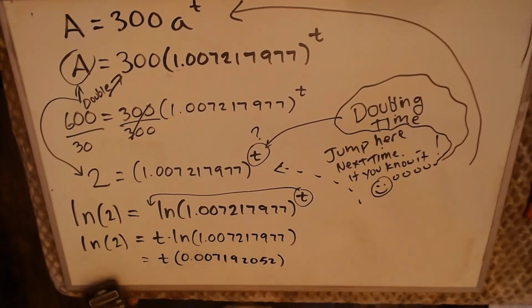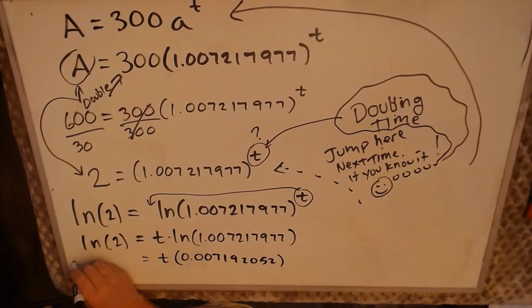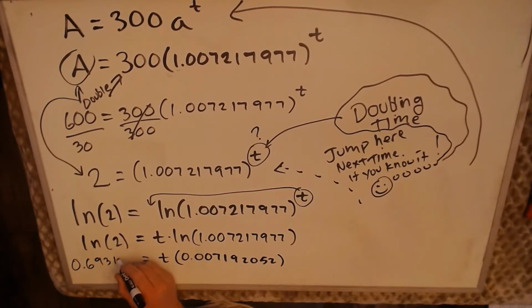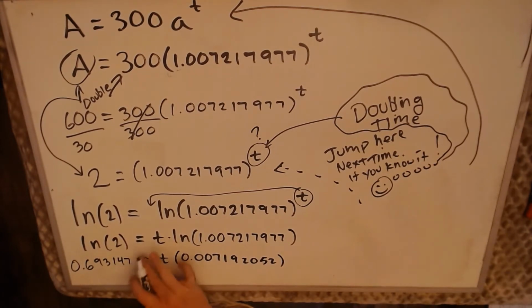And then for the left-hand side, you've got the ln of 2, which at this point you've probably just got memorized if you've been doing your homework. It comes up quite a bit. 0.693147181. All right.